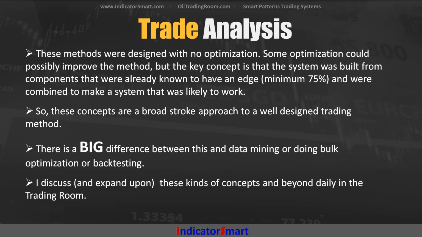But like I said, when we looked at that first Trademarkers stat profile, I'm looking at those percentages the way I think about these things, because I'm looking for stacking with Bayes concept. So the key concept is that the system was built from components that are known to have an edge, and preferably multiple of them, that we can combine to make a system that's likely to work.